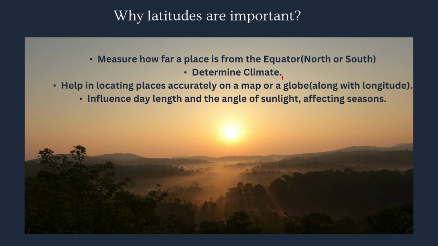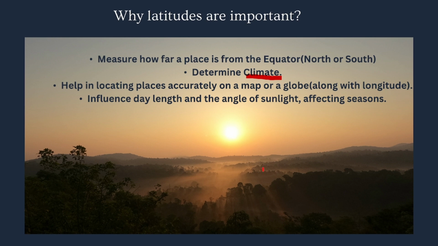It helps us determine the climate of an area or a region, as I taught you in the previous slide about the different zones. Latitudes also help us locate different places accurately on a map or a globe, along with the longitudes.